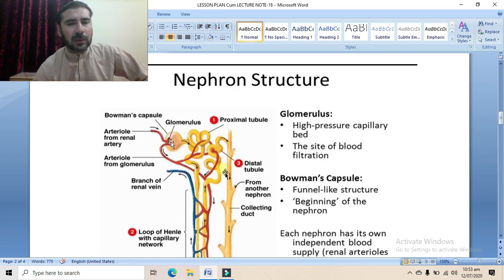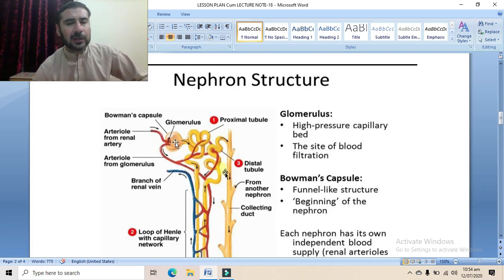So this network of capillaries inside, the reddish one, that is the glomerulus, and it is surrounded by a cup-shaped structure, the Bowman capsule. Now the blood will be supplied through this arteriole into these capillaries.